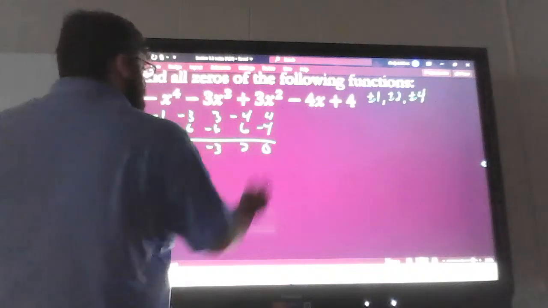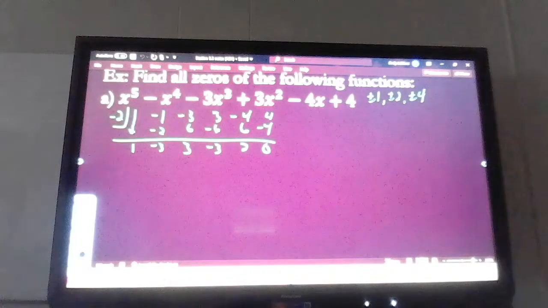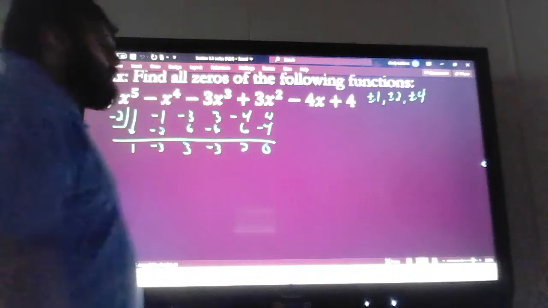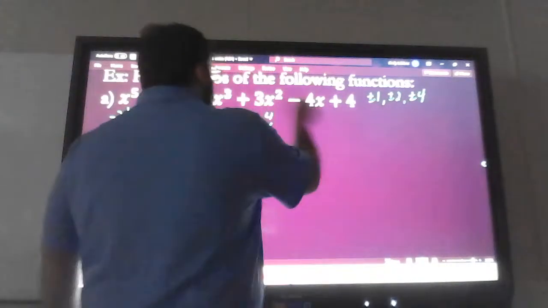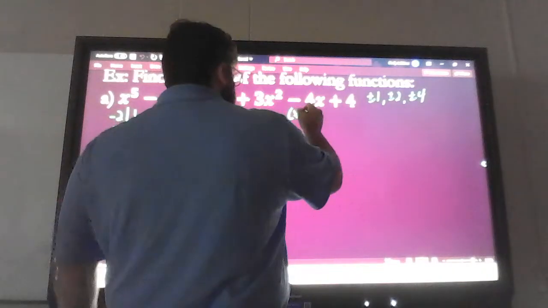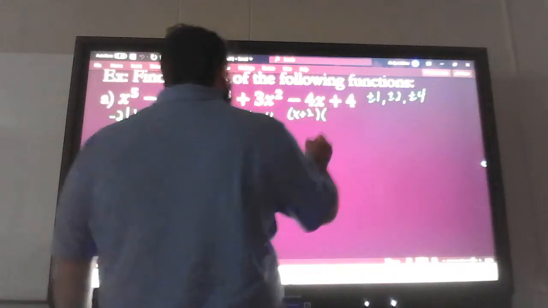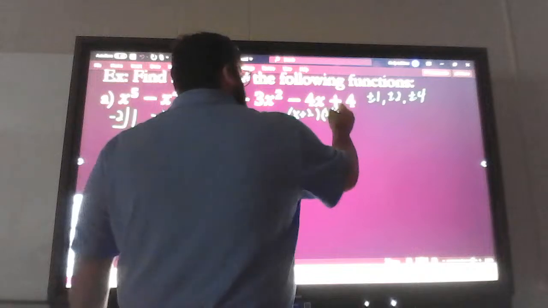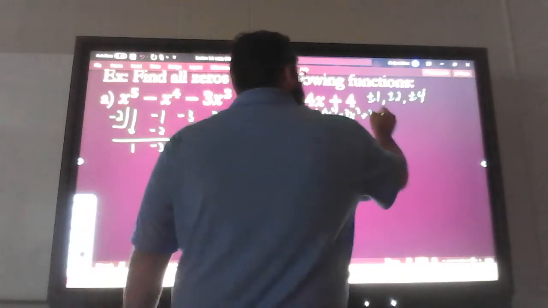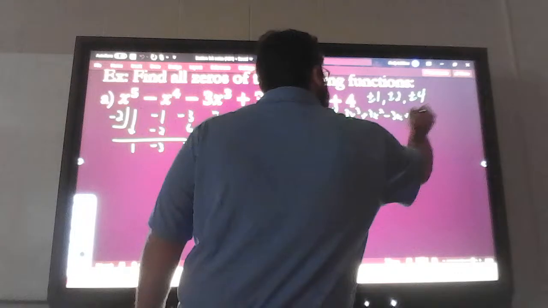As I'm doing this, I'm continuing to break down this polynomial. So I've broken this down to x minus -2, so x plus 2 times x to the fourth minus 3x cubed plus 3x squared minus 3x plus 2.